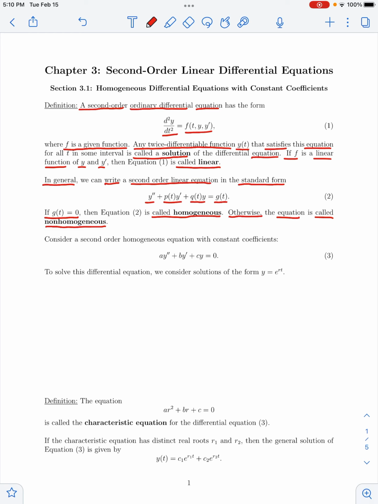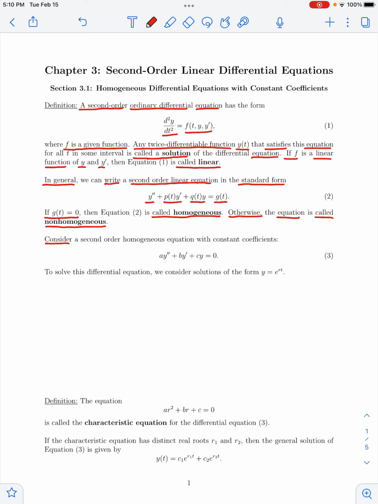So in Chapter 3, we're going to begin our discussion of second-order linear equations by restricting ourselves to homogeneous equations, which are a little simpler to work with. And we'll make another restriction in this first section, and throughout most of Chapter 3, where we will only be considering a second-order linear equation which has constant coefficients.